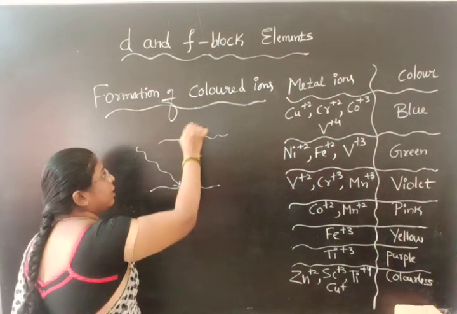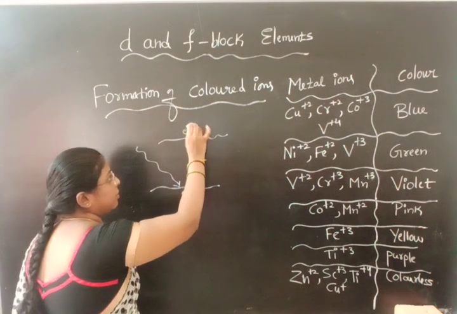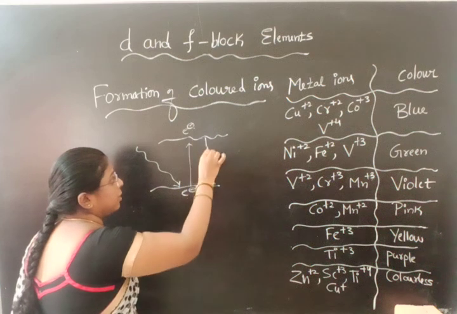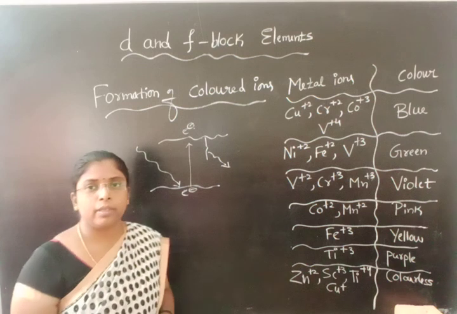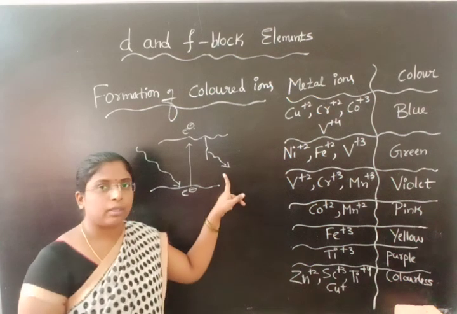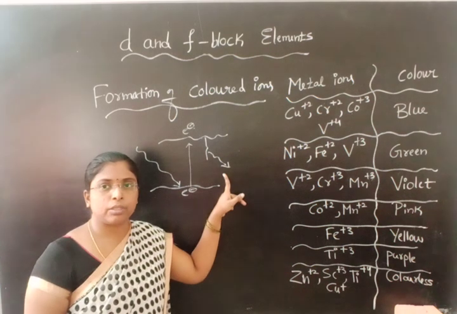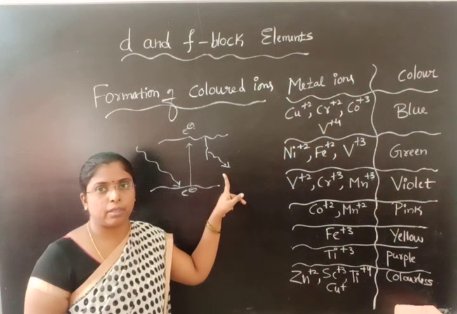While coming back, this electron emits radiation, and if the frequency of this radiation comes in the visible region, it is the color.